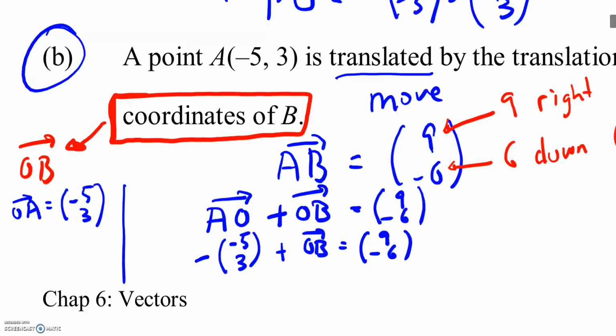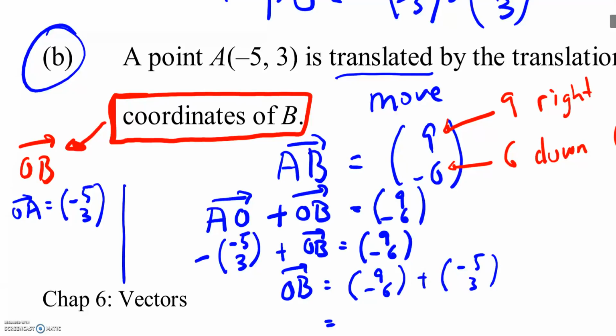I want to find OB. What must I do to this? AO. Bring over. So OB will be (9, -6) plus (-5, 3). You notice I do very slowly. I never even multiply the negative inside. No need. If you do, can. But make sure your final answer is (4, -3).